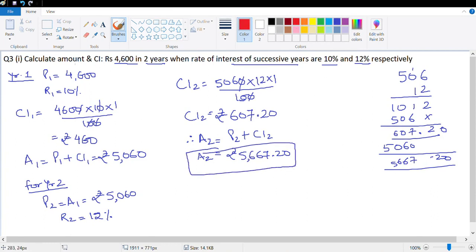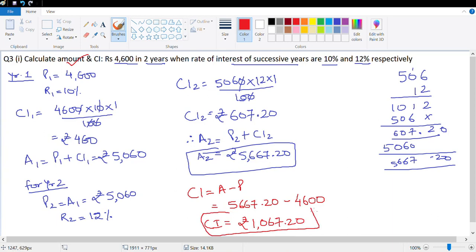They want us to calculate amount. I've already done. So compound interest will be equal to amount minus principal. In this case, 5667.20 minus original principal, that's 4600, and that gives us a value of rupees 1067.20. So that's the total compound interest.